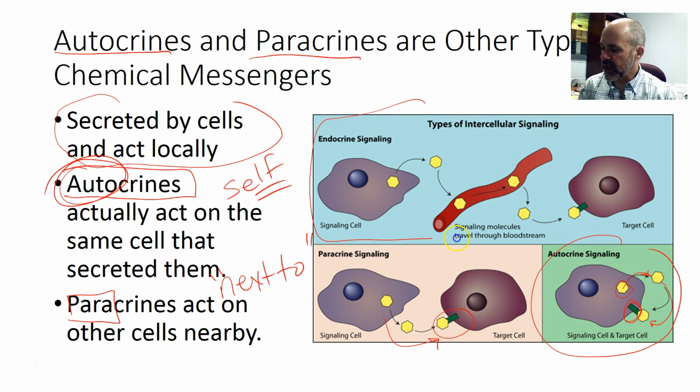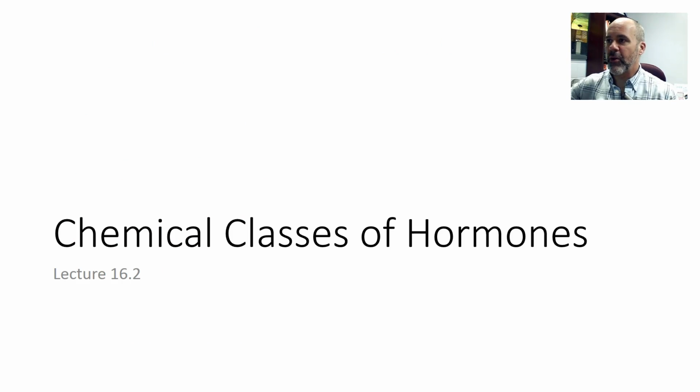And of course, up here on the top part of the diagram, we are seeing an example of what endocrine hormones do. They actually get into the bloodstream. The blood carries them to some distant part of the body, or not necessarily a distant part of the body, but if something gets in the blood, it's going to essentially travel everywhere in the body and can act on target cells that are a long way off.